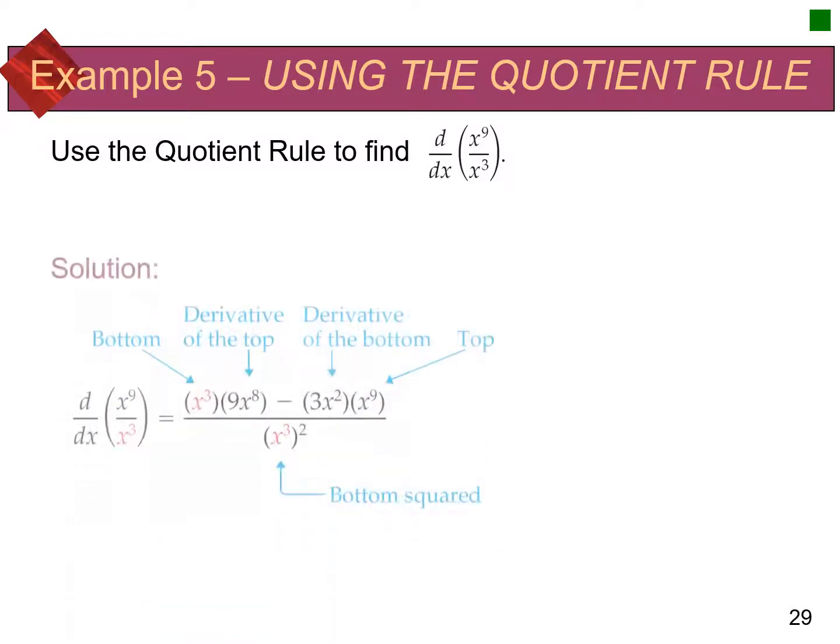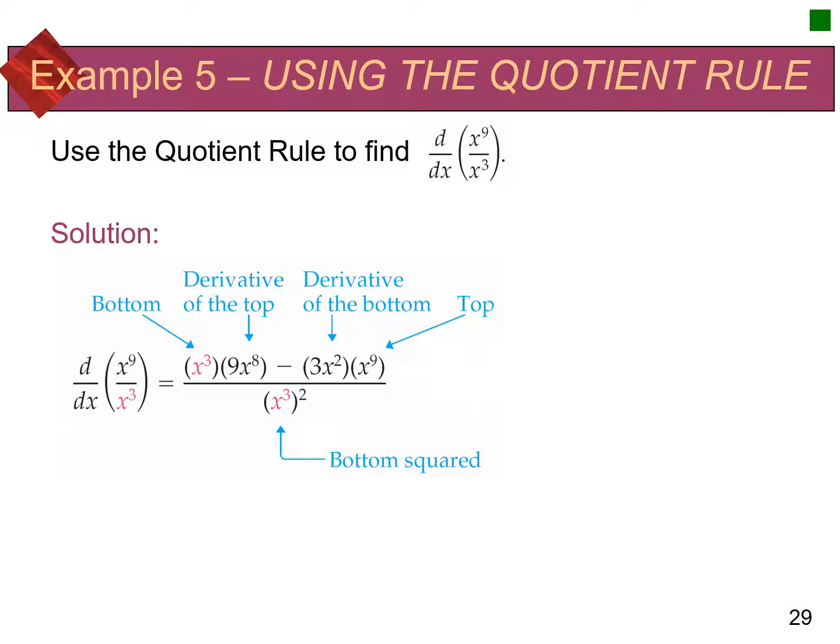So I do the bottom, which is x to the third, times the derivative of the top, which will give me 9x to the eighth, minus the derivative of the bottom, which will give me 3x squared, times the top, which is x to the ninth, all over the bottom squared, which is x cubed squared.